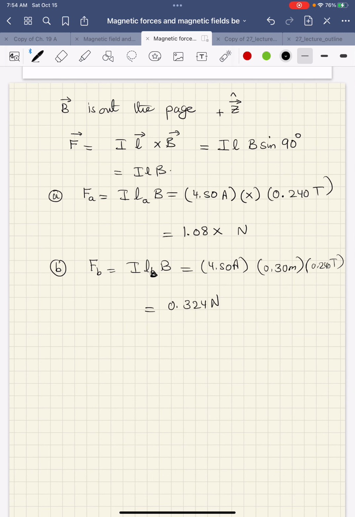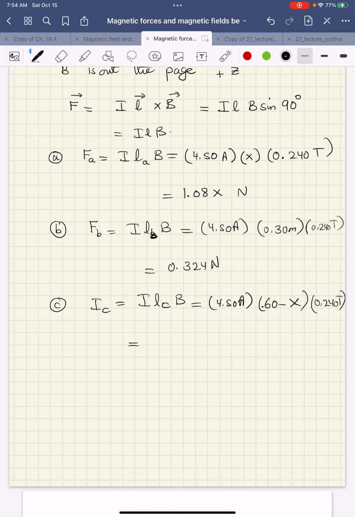Therefore, for C, I L C times B equals 4.5 amperes times 0.60 minus x, because I need to convert into meters. And from that, I can get 0.648 minus 1.08x in newtons.